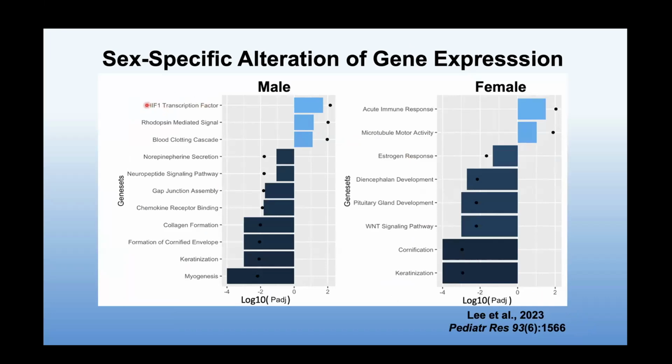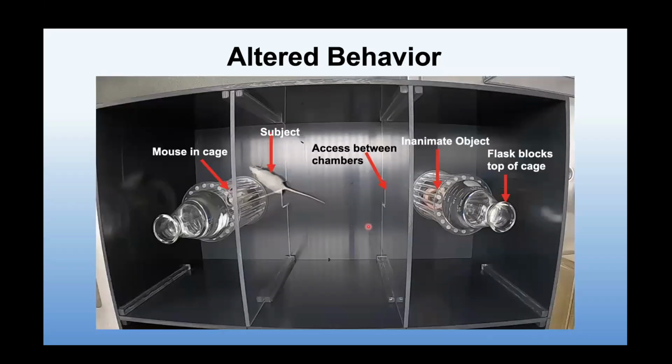For instance, here's HIF1 transcription factor upregulated in males, but not in females. So that's an interesting thing that we want to look at, the sex specificity of these interactions and the immune response in the placenta. Does this occur in the placenta, or is it in the fetal brain, or is it a combination of both? And we don't understand that yet.